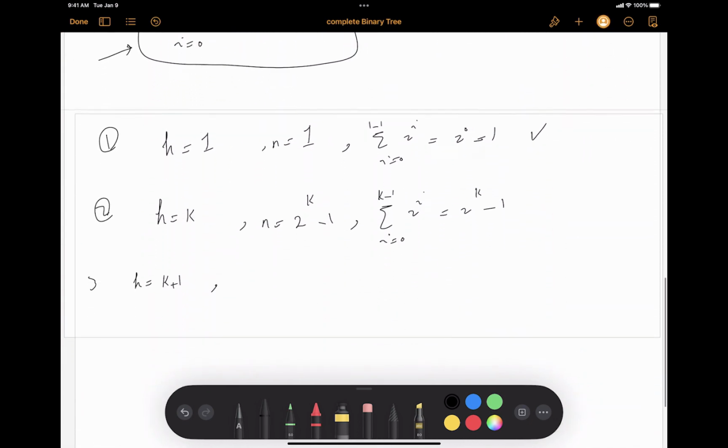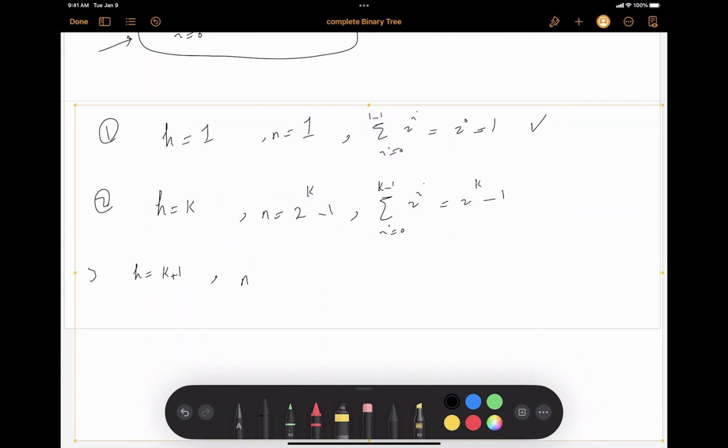So that means the number of nodes in a complete binary tree with a height of k plus 1 is exactly the number of nodes that we have in a complete binary tree of height k, which is 2 to the power k minus 1, plus twice the number of nodes that we have at the very last level.